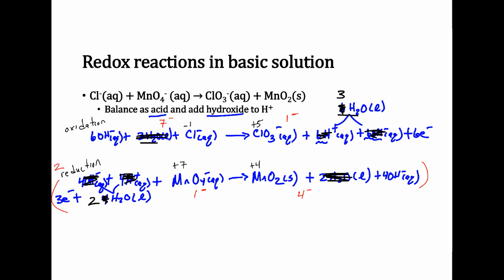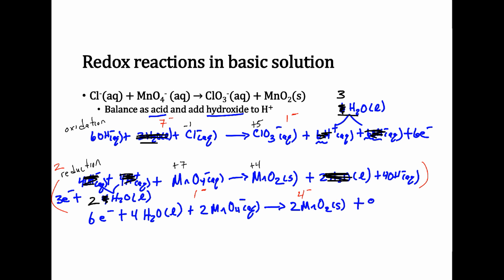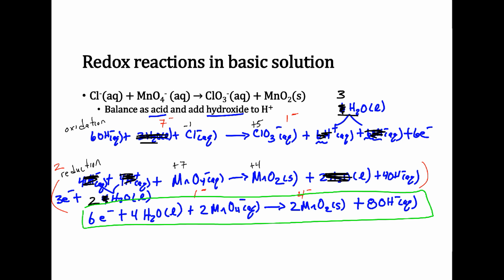So we'll end up with 6 electrons plus 4 H2Os plus 2 MnO4- yields 2 MnO2 solid plus 8 OH-. So we need to compare this reaction with this reaction.